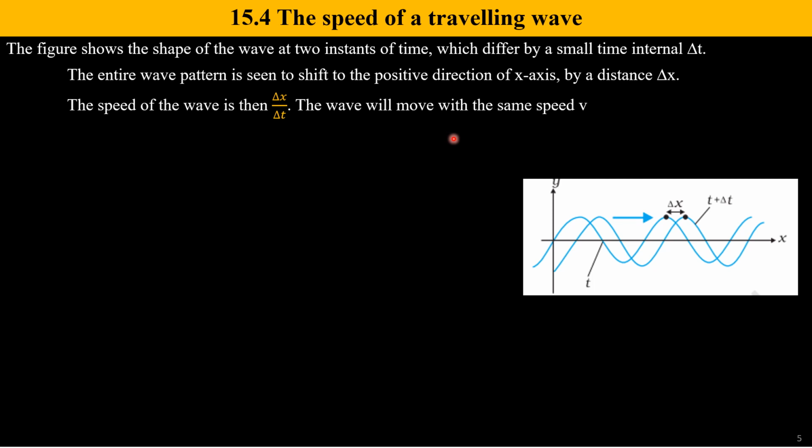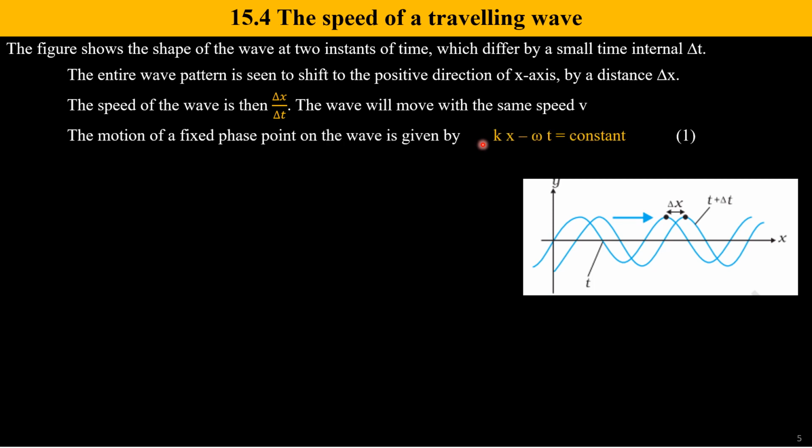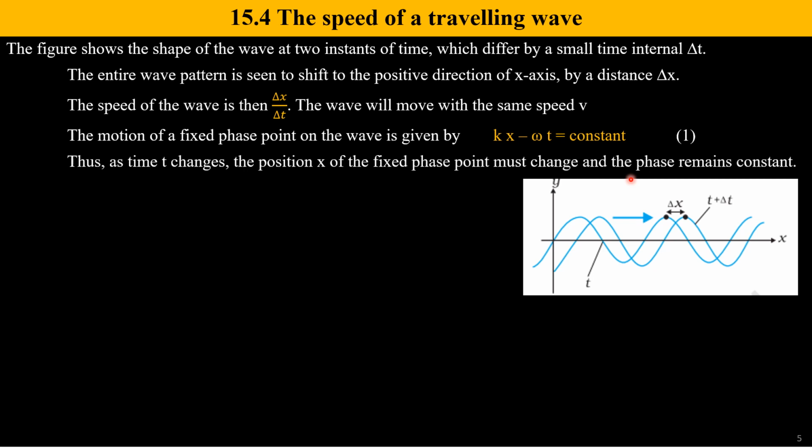Here all the symbols represent the standard symbols as described in the previous slide. Let it be equation 1. Thus, as the time t changes, the position x of the fixed point, that is the dotted point, must also change so that the phase remains constant.